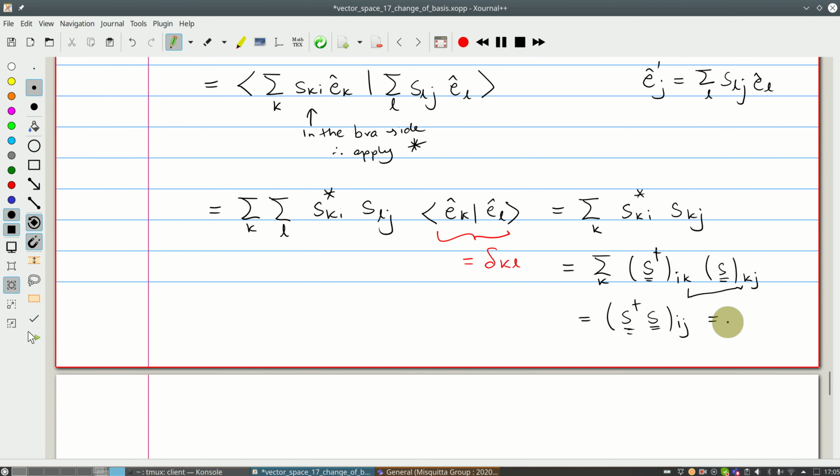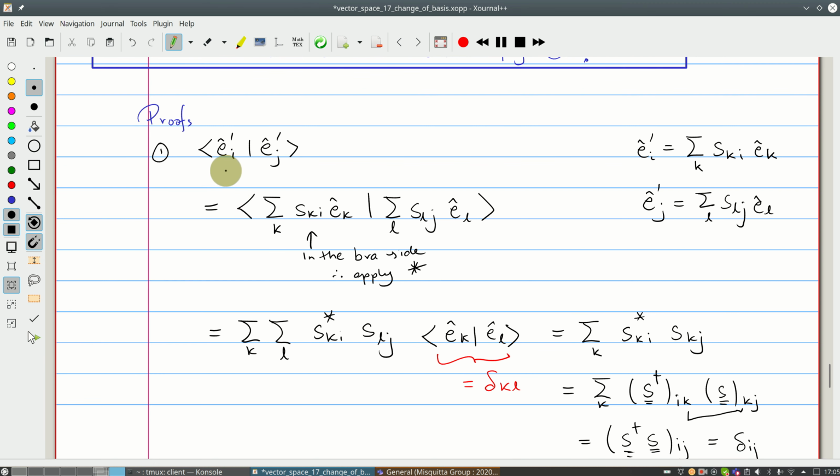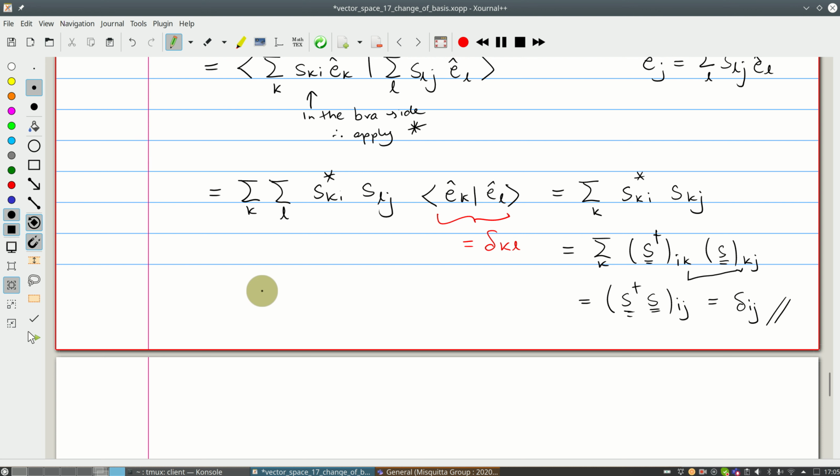So this is equal to the ijth element of the identity, which is just delta_ij. And that's the proof. Therefore, this is equal to delta_ij, and therefore the primed basis e_i hat prime is orthonormal. Okay, and that sentence there completes the proof. By the way, you don't just stop there, you have to include the sentence.